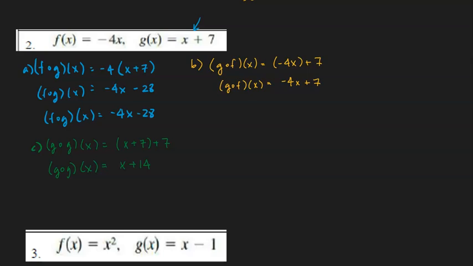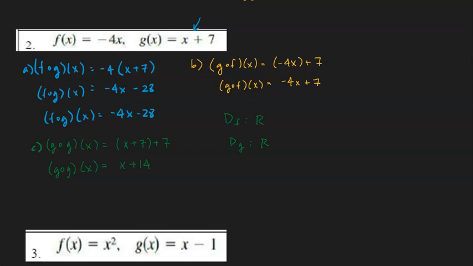Okay, once again, let's go ahead and identify the domain. The domain of F is going to be all real numbers. The domain of G is going to be all real numbers. When we use either one function as an input into another function, there are no restrictions whatsoever.